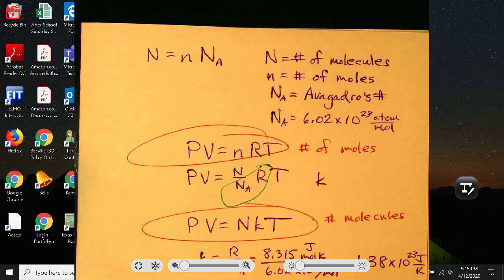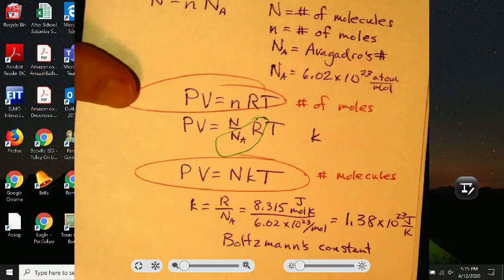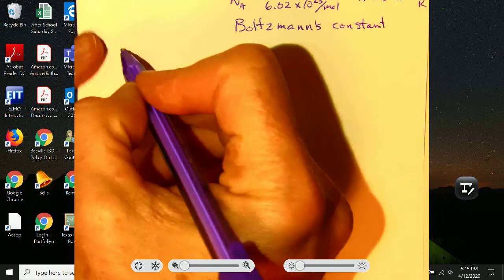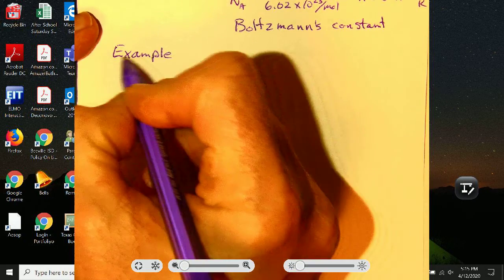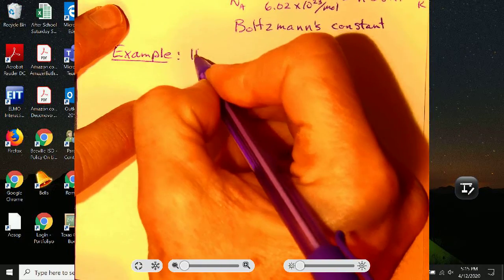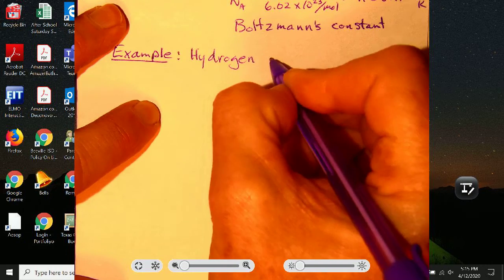All right, let's do a couple of examples here. This will be a hydrogen atom mass.